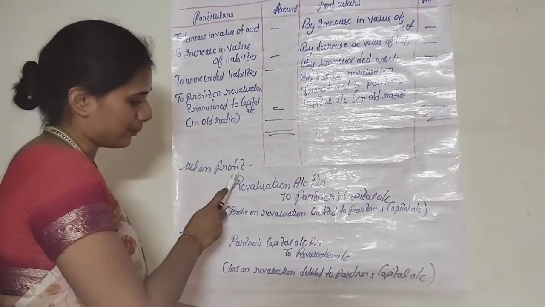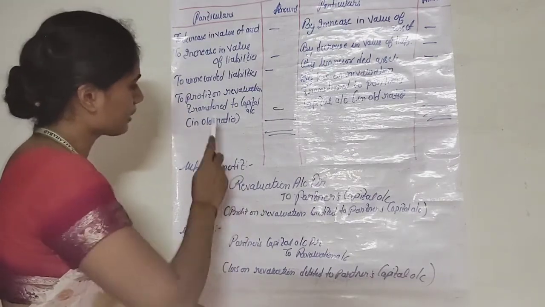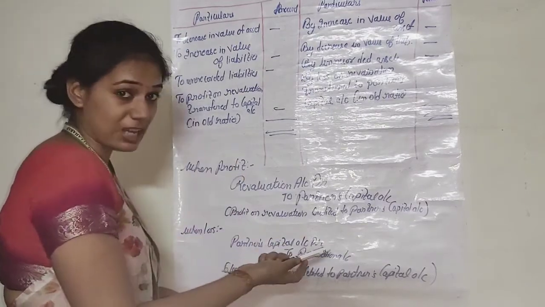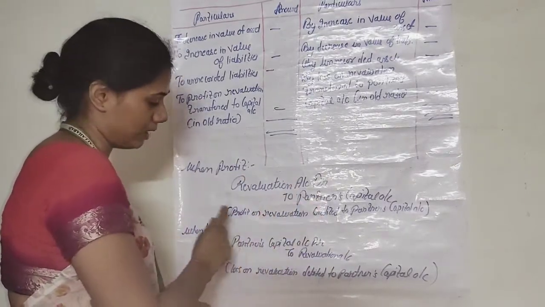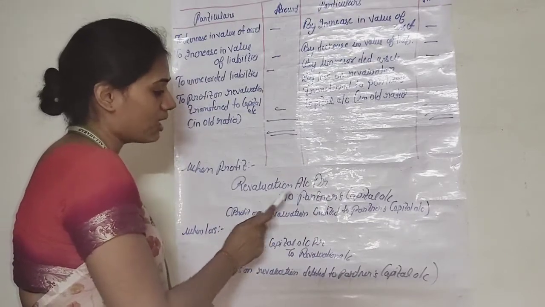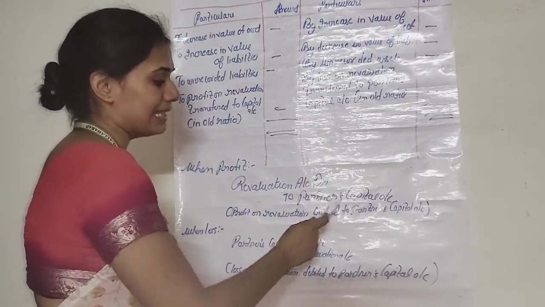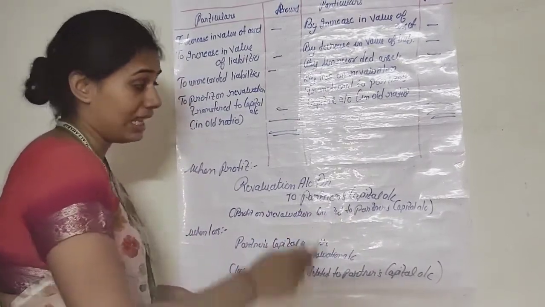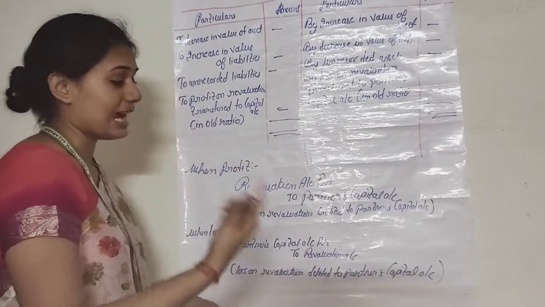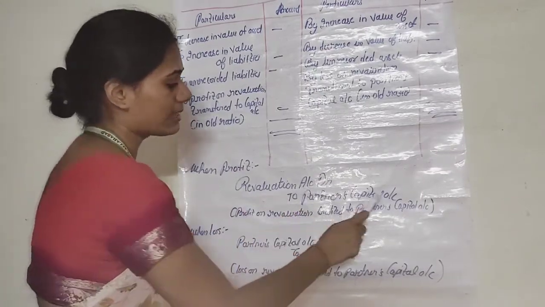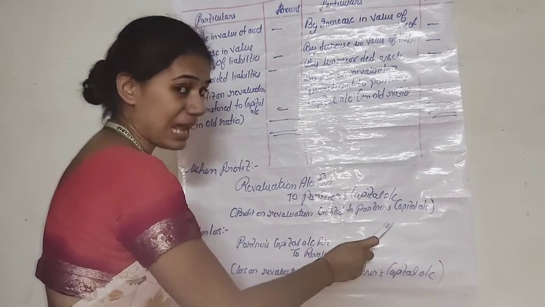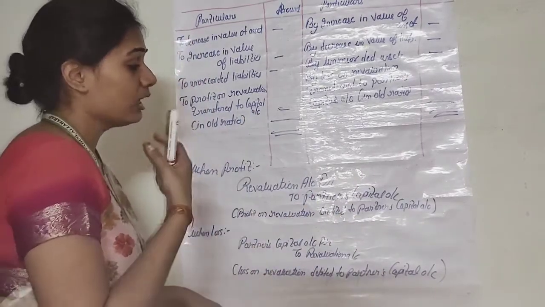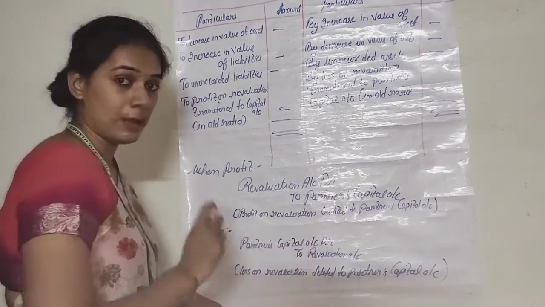So for this, the profit on revaluation transferred to capital. If there is a profit, the journal entry will be as this is written in what? This is written in the debit side. तो journal entries में ये कहाँ जाएगा? ये जाएगा credit side में. तो journal entry will be revaluation account debit to partners' capital account. यहाँ पे हमने केवल टू पार्टनर्स कैपिटल अकाउंट लिखा है, लेकिन जैसे आपके पास एक या एक से अधिक पार्टनर्स है तो आप यहाँ पे लिख सकते हैं टू A's कैपिटल अकाउंट, टू B's कैपिटल अकाउंट, टू C's कैपिटल अकाउंट, and you will divide those profits in the old PSR to these partners.